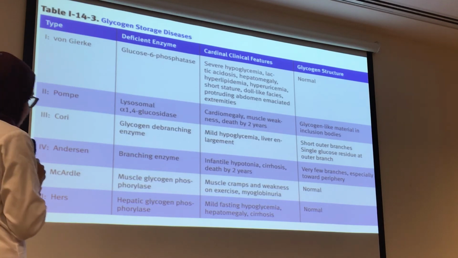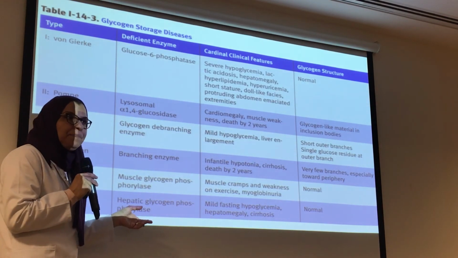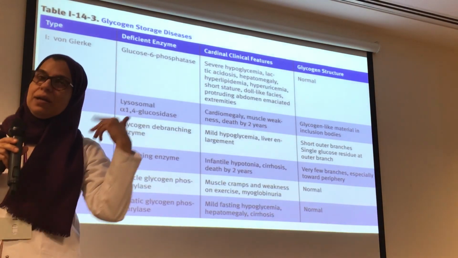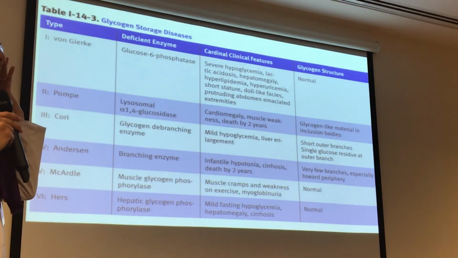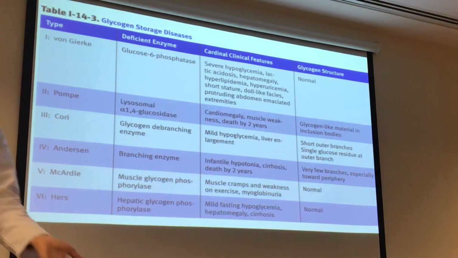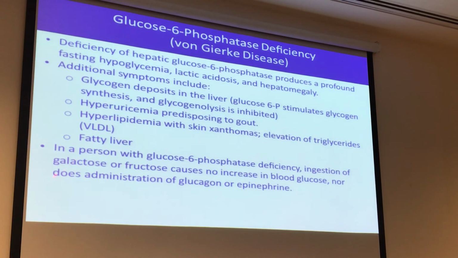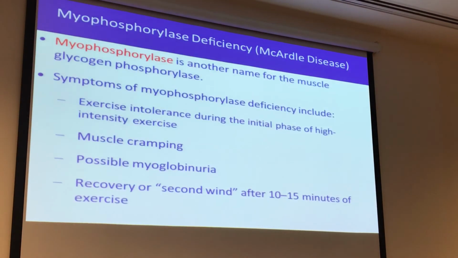Any deficiency that affects a liver enzyme will lead to hypoglycemia, because the liver is storing that glycogen to regulate blood sugar. The muscle is storing that glycogen in order to use it to contract and move those muscles. So this is summarized in here, the disease.